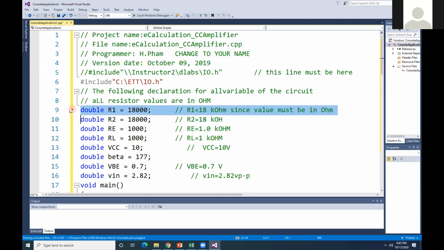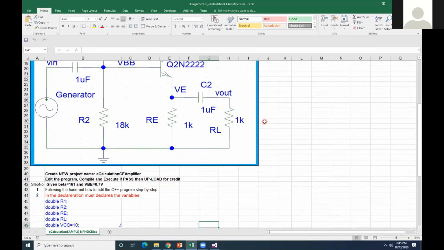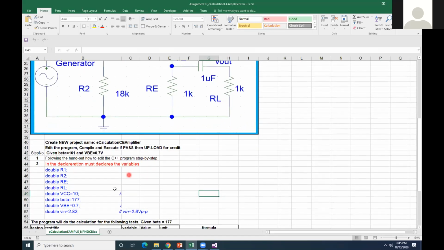If you have to change anything, that means you need to make a declaration. Now, if you're looking at your schematic here, they're already telling you they want R1, R2, RE, RL, VCC, beta, VBE, and VE.